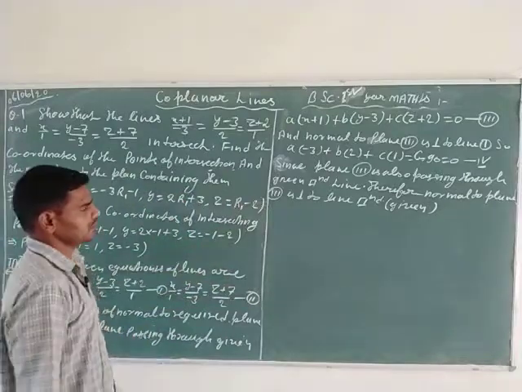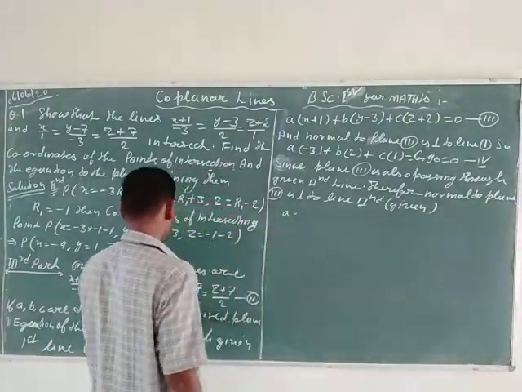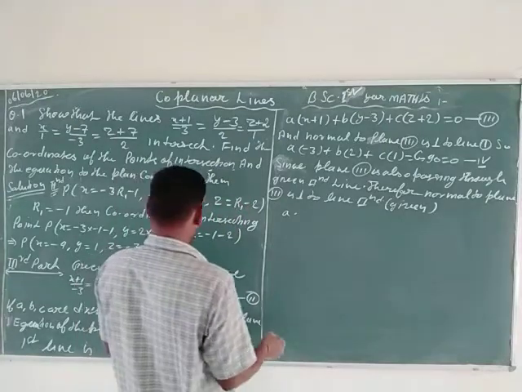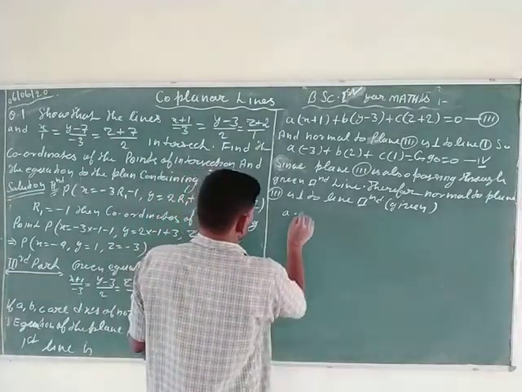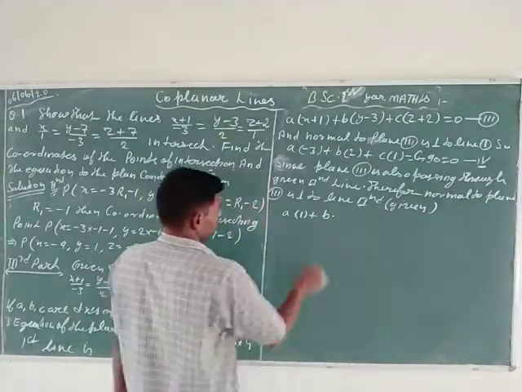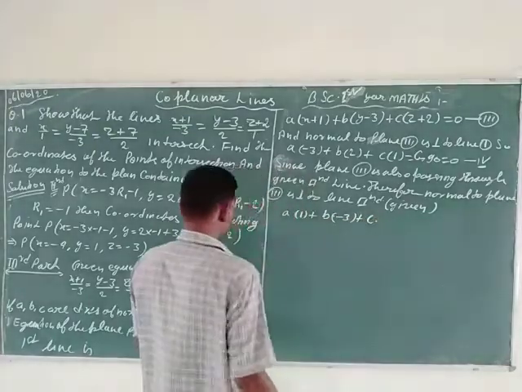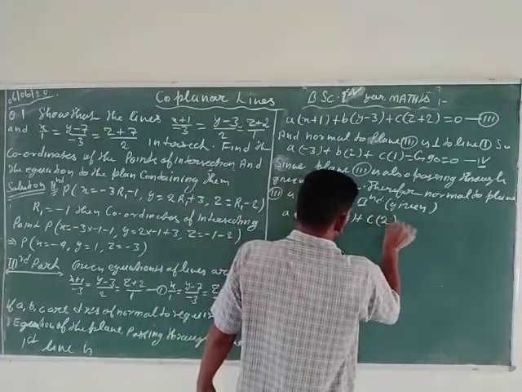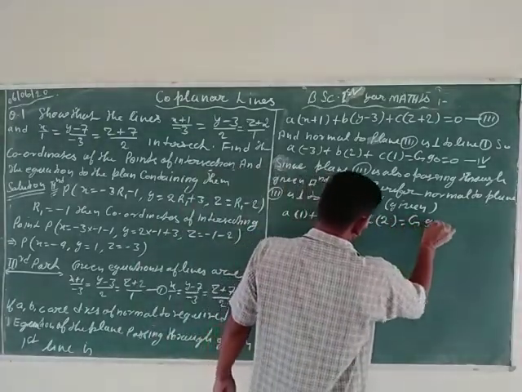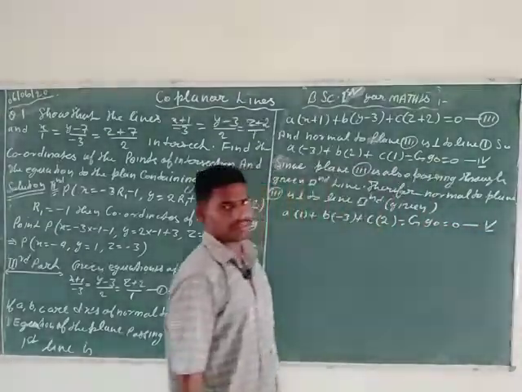By this rule, a into 1, b into -3 plus c into 2 equals cos 90 equals 0, represented by equation 5th.